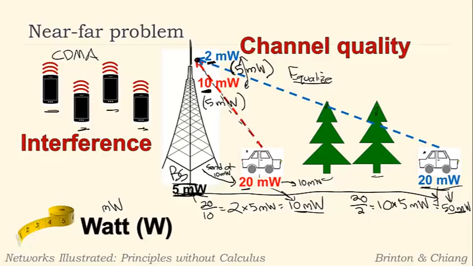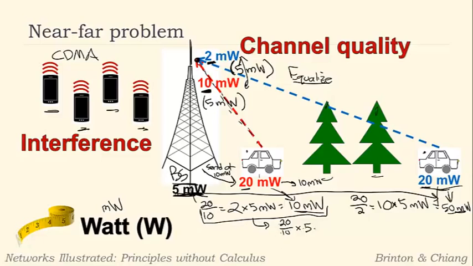So we can rearrange this equation just a little bit to make it a little more convenient. If we just take this example right here, let's say we have this 20 divided by 10 times 5, which is going to give us our result. So this, as we said, is the transmit power, this is the received power, and this is the desired power.